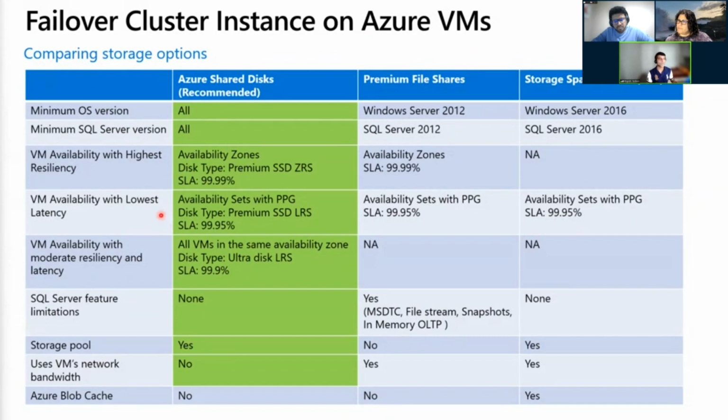In terms of lower latency, we have also seen workloads where customers come in and say, hey, for my HA, we want to make sure that the two nodes which are part of the HA are physically closer to each other, because we understand that the primary purpose of HA is we don't want any kind of latency in an availability event. And yes, you can do that with a combination of availability sets and proximity placement group, which is what PPG stands for. What PPG does is it's a logical construct. When you put a bunch of VMs in a PPG, we make sure that we physically locate them in one data center.